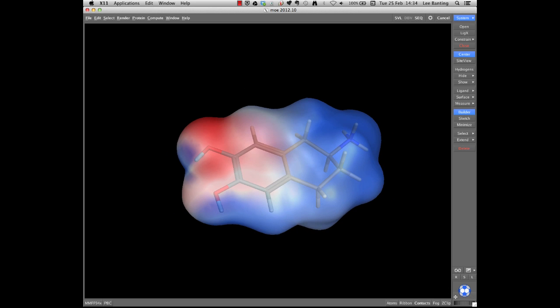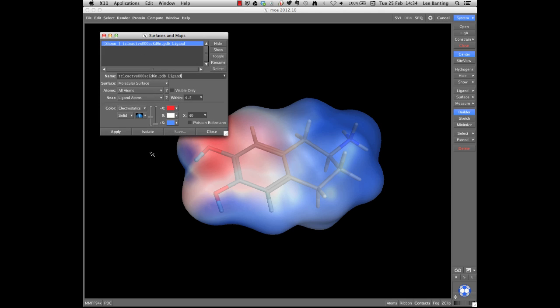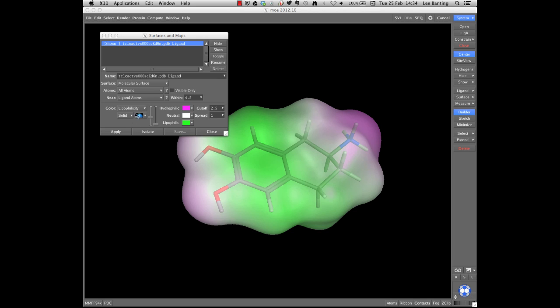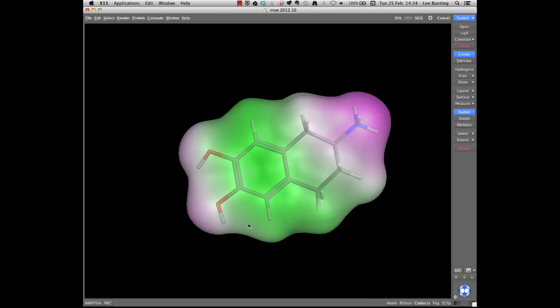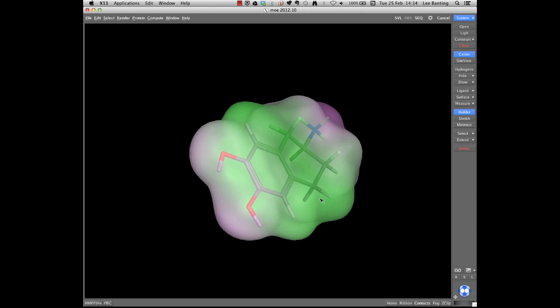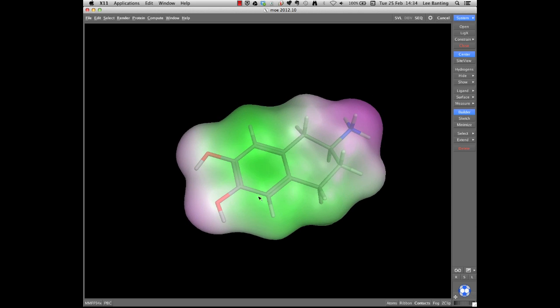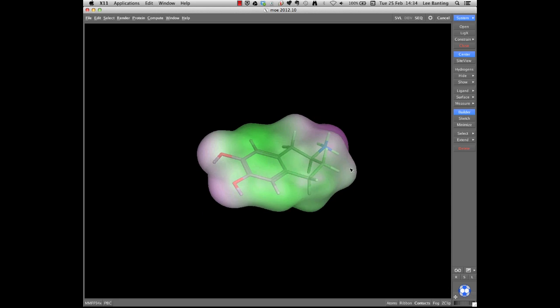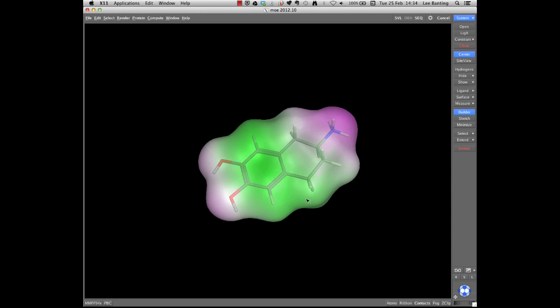We can demonstrate different properties like lipophilicity. So this shows which regions of the molecule are likely to interact with lipophilic moieties within a receptor, and that's the green area, and you notice it's hanging over the aromatic ring and the aliphatic ring, and which regions of the molecule are likely to interact with hydrophilic components.